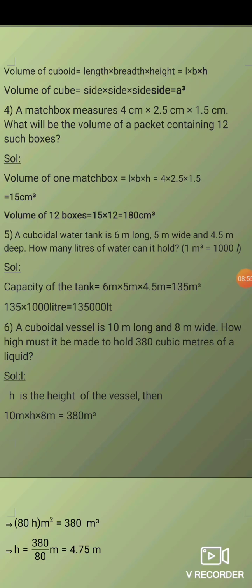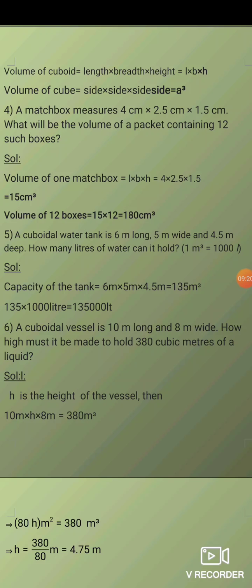Now 135 meter cube is given. We need to change that into liter. So meter cube is larger, smaller is liter. So we multiply with 1000. When we multiply 135 by 1000, which is equal to 1,35,000 liter.